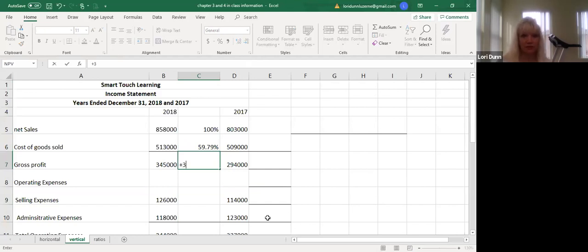Take your gross profit, 345,000, divided by net sales, 858,000. So you can see just from these 2 or 3 calculations, sales are 100%, cost of goods sold, so the cost of the items to make the sales were about 60% of the total sales.